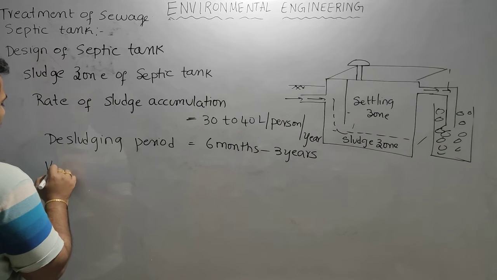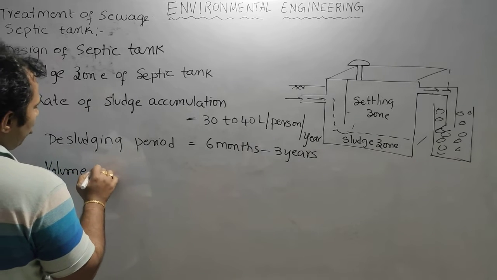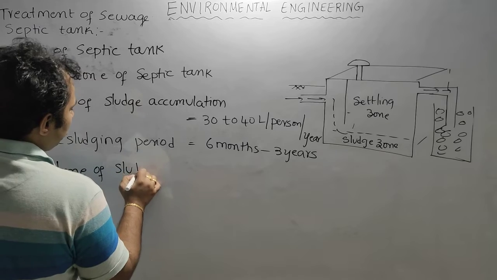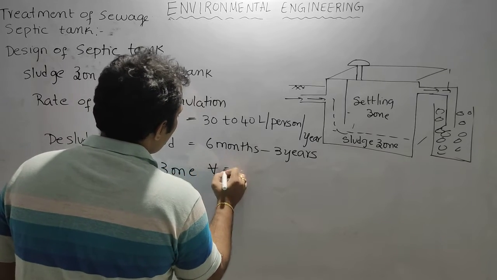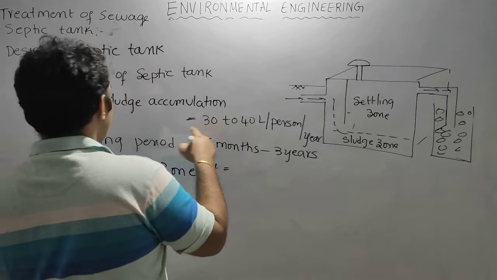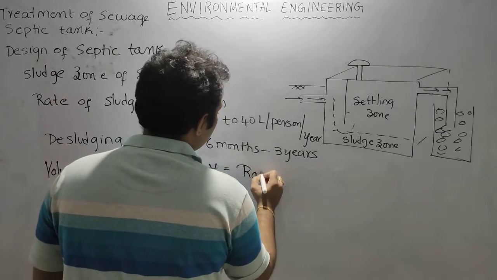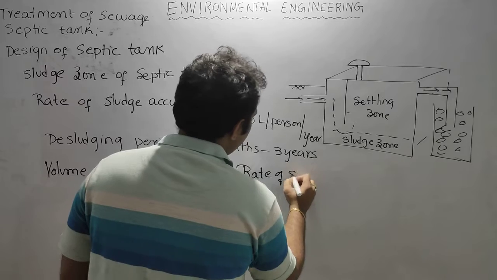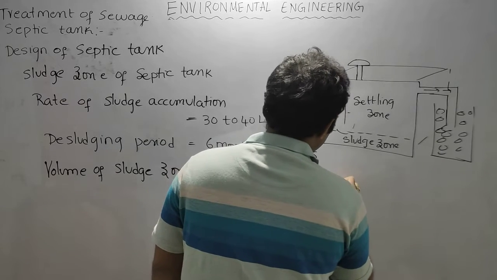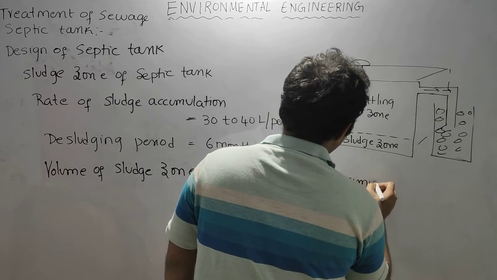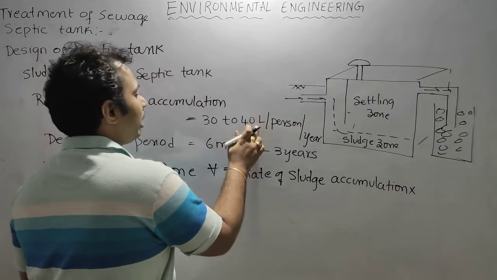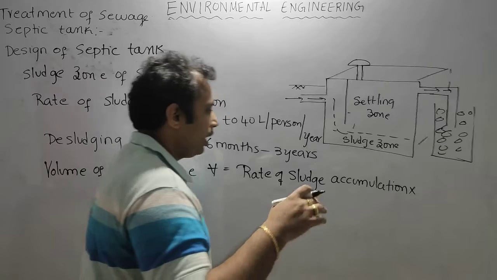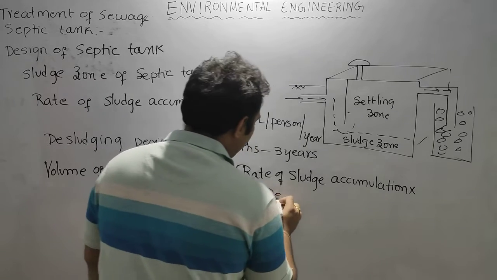So the volume of the sludge zone V is equal to the rate of sludge accumulation, which has a unit of liter per person per year. Now I am multiplying it with the desludging period.